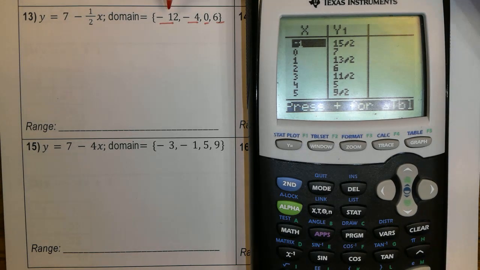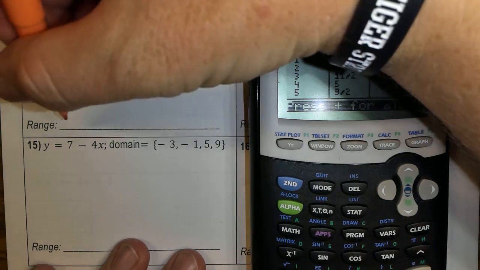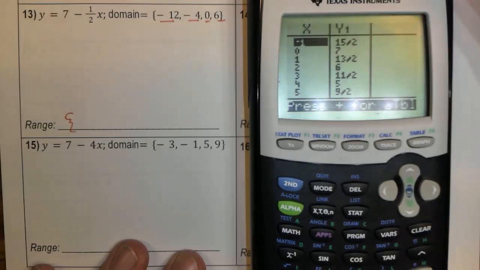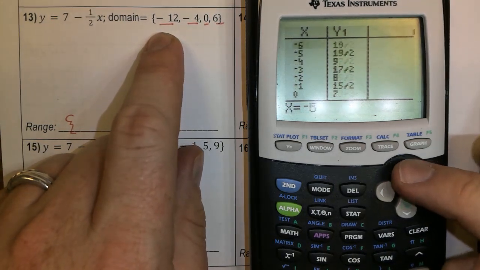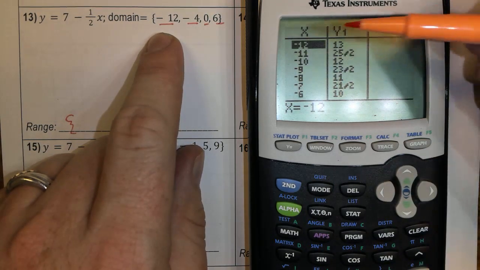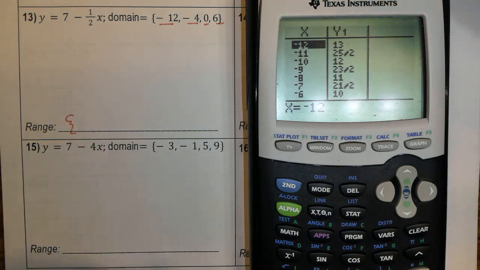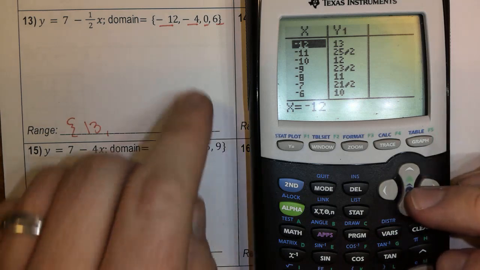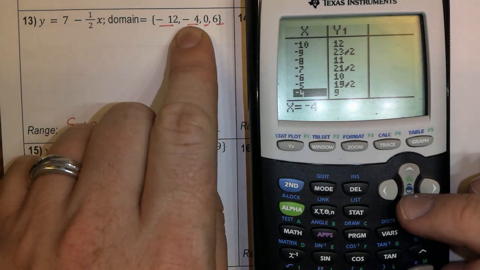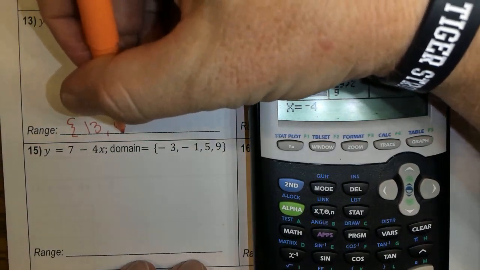Okay, so I need to find these 4 x values and write my 4 y values, or my 4 answers I'm looking for. Okay, so I have my bracket right here. I'm going to go up to -12, so it's way up here. So when I go to -12, it tells me y is 13. Okay, I go to -4, y is 9.